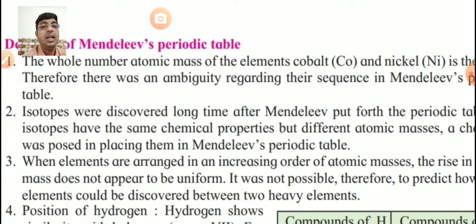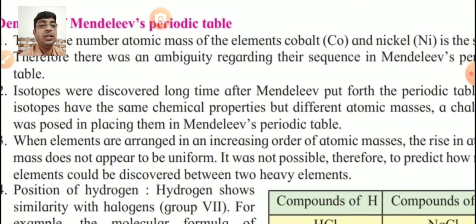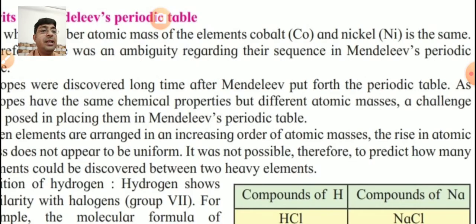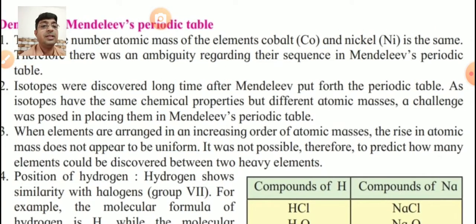Now second, isotopes were discovered a long time after Mendeleev put forth the periodic table, as isotopes have the same chemical properties but different atomic mass. This is the definition of isotopes also. Now, this posed a challenge in placing them in Mendeleev's periodic table.